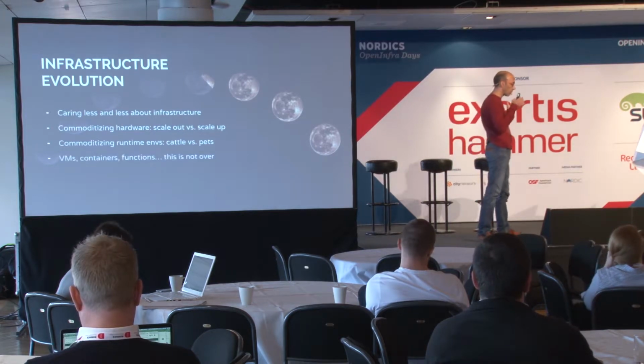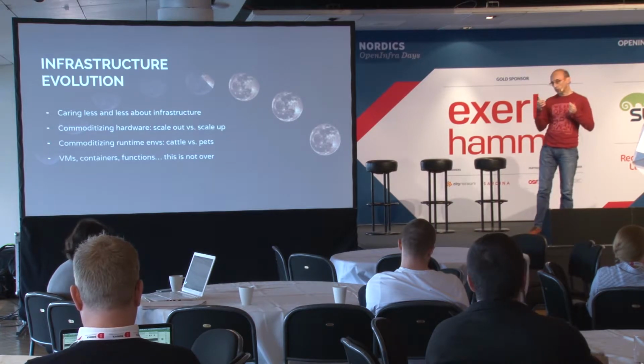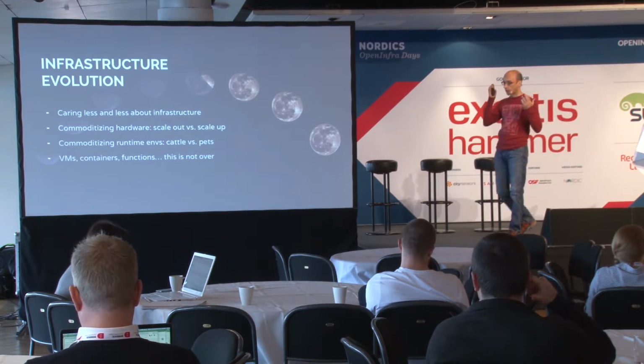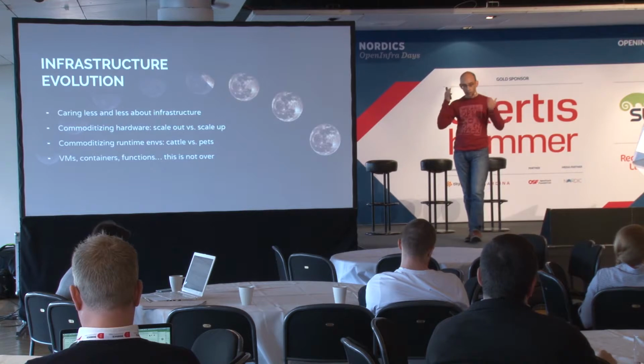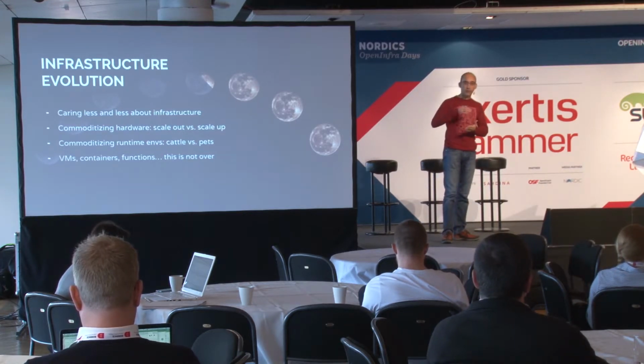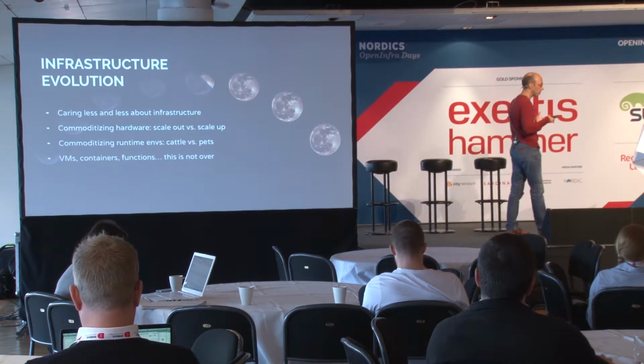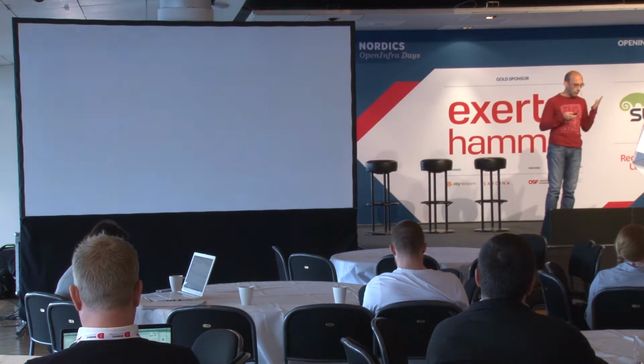We're also seeing a movement towards lighter and lighter runtimes. We're using bare metal machines. We're using VMs. We're using containers. We're now using functions. And this is clearly not an evolution that is over yet. So we are building more and more layers in the infrastructure space.